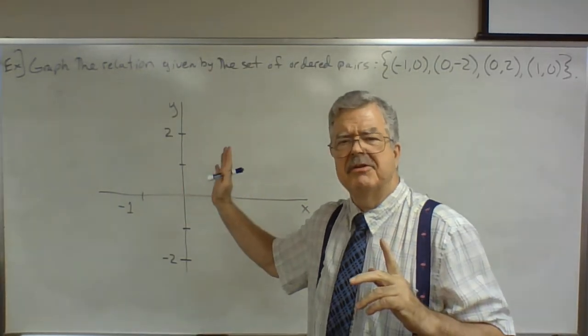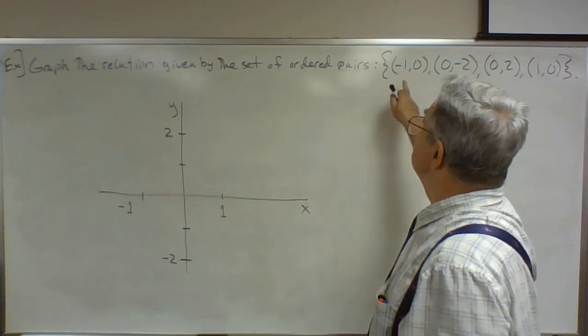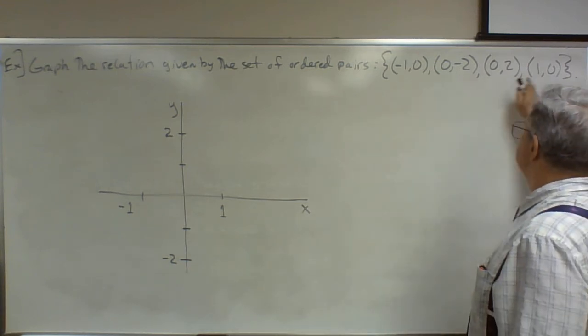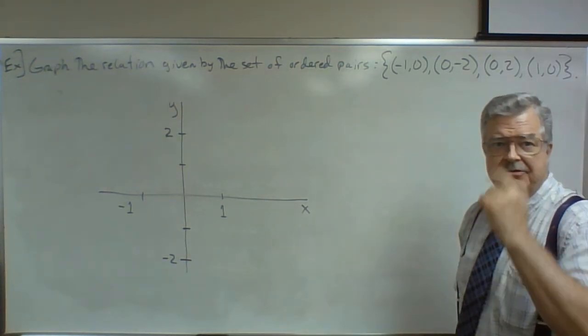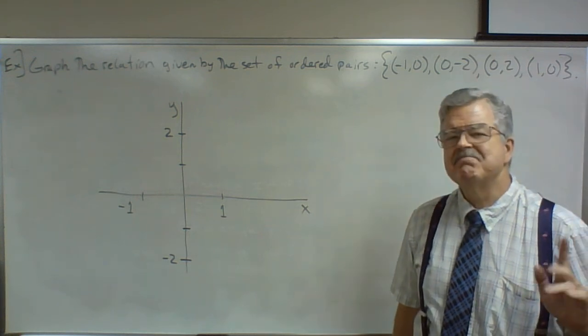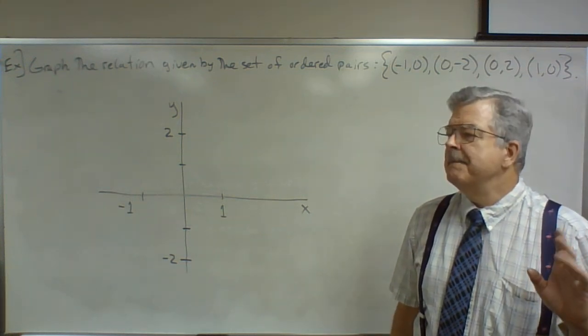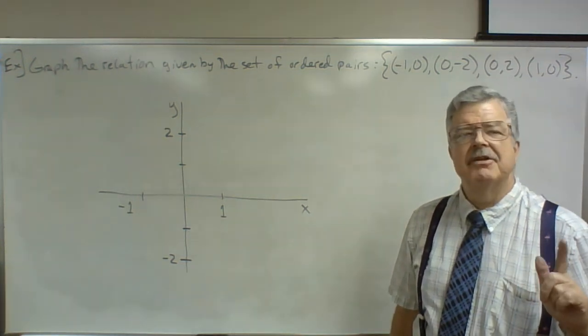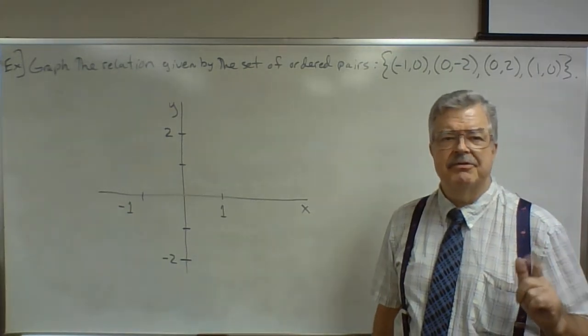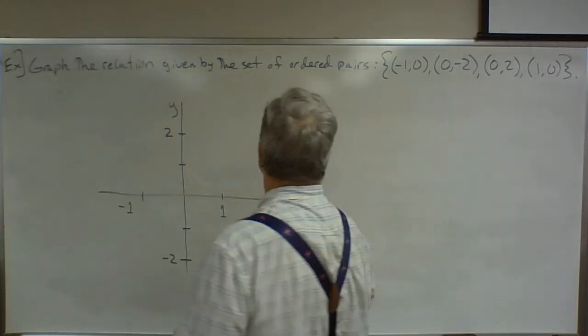This is the same example. We're just going to graph the points given by our relation and see if we can get something out of this that we can apply in future situations.